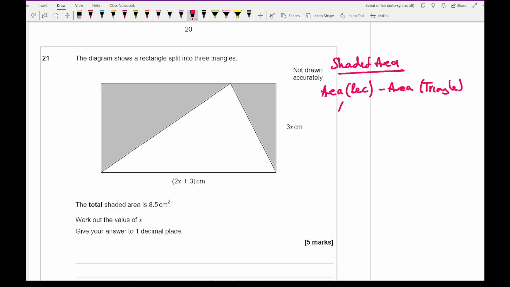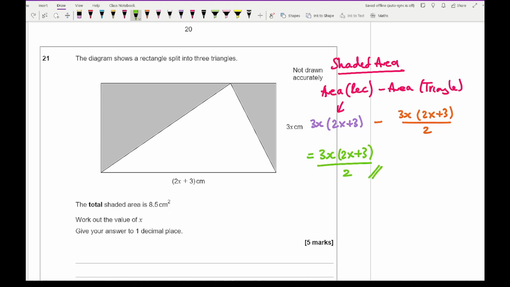Now the area of the rectangle is 3x multiplied by 2x plus 3, and the area of a triangle using base times height is going to be 3x multiplied by the base, which is 2x plus 3, all divided by 2. Now what that then becomes, because obviously the unshaded triangle is half the area of the rectangle, then the shaded area is basically going to be 3x, 2x plus 3 divided by 2.